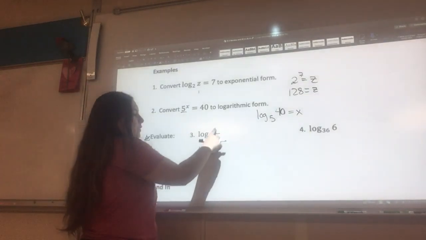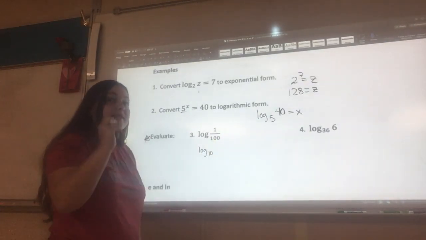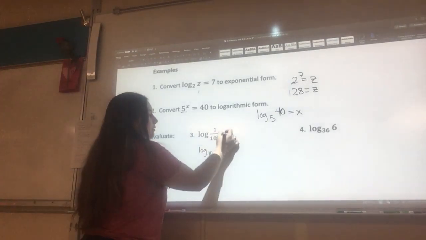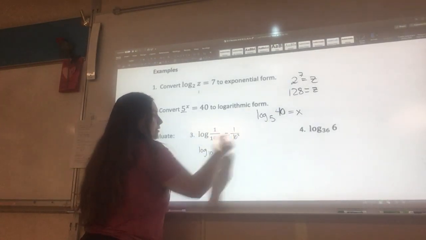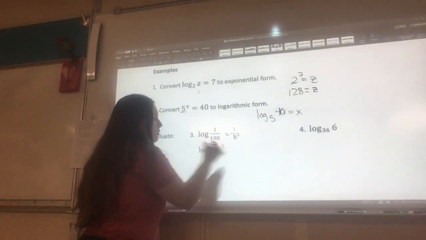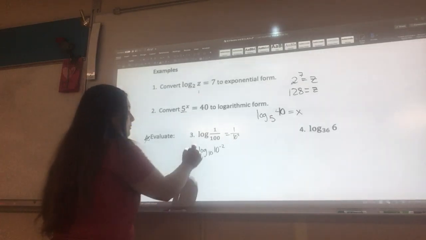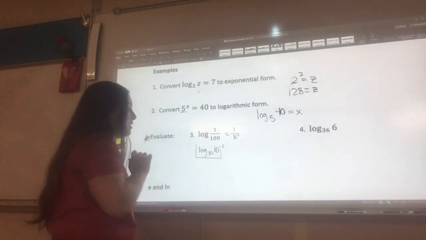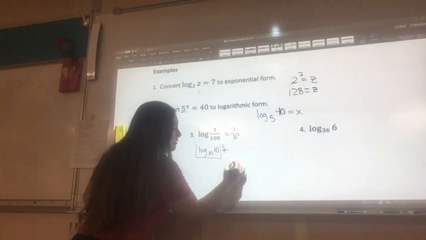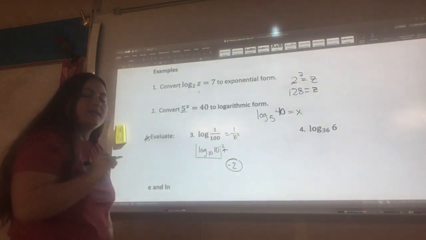So we need to find 1 over 100 with a base of 10 and an exponent. We know 100 is 10 squared, but because it's a fraction, it's 10 to the negative 2. Once we've understood that, with base 10, our answer is our exponent. So the answer to number 3 is negative 2.